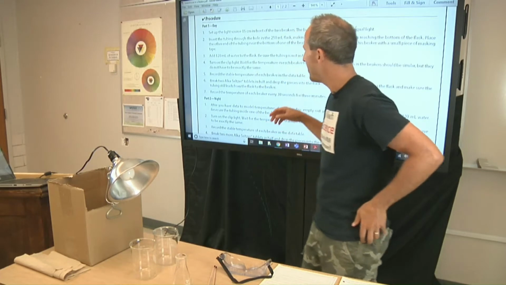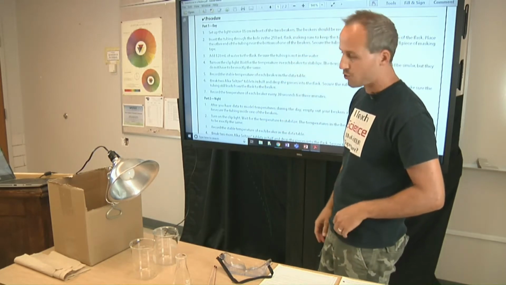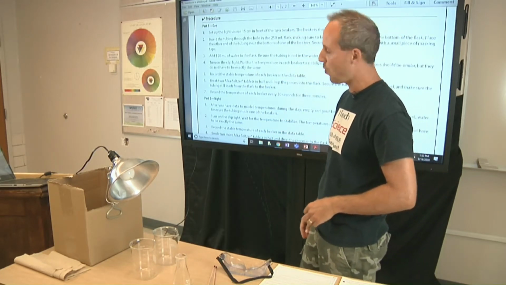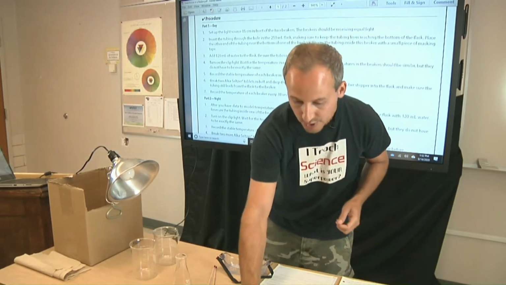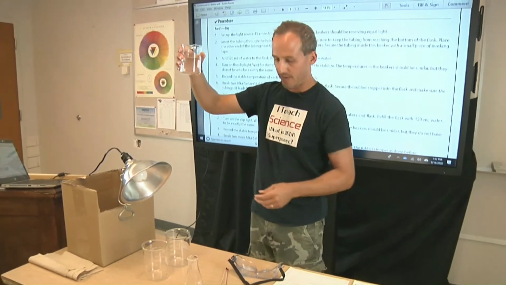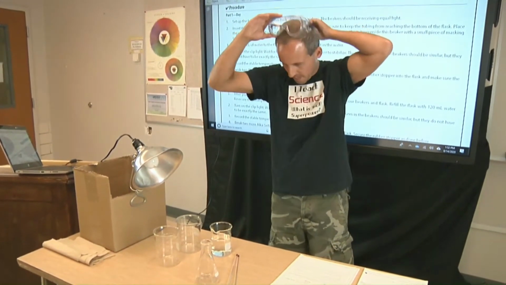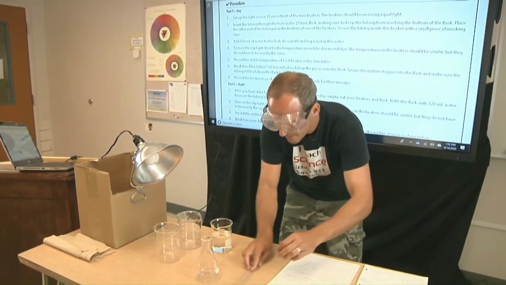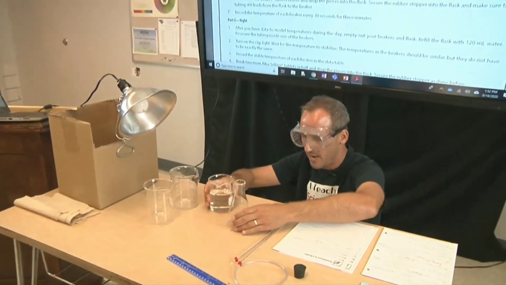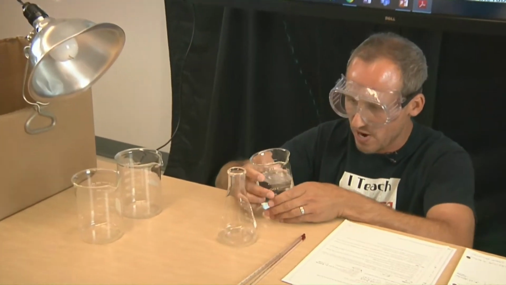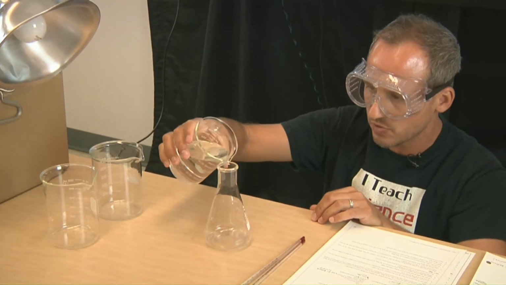Okay. So we'll get that in just a second. And in the meantime, we're going to add 120 milliliters of water to the flask. So we're going to take our water that we got before, our room temperature water. And I'm going to throw my goggles on before we start here. All right. And we're going to measure out approximately 120 mils of water.